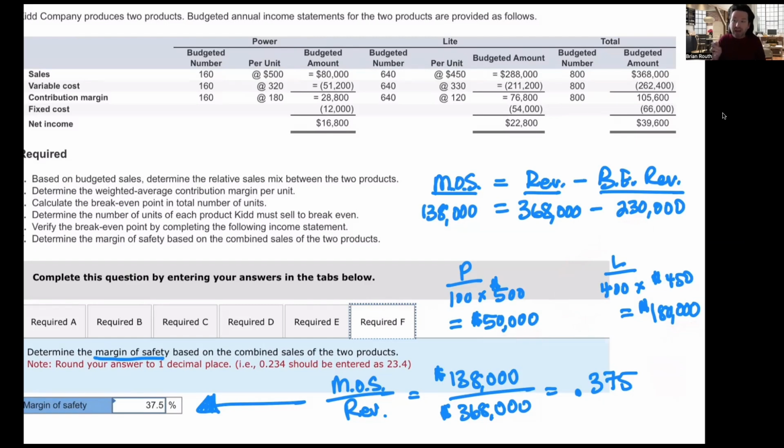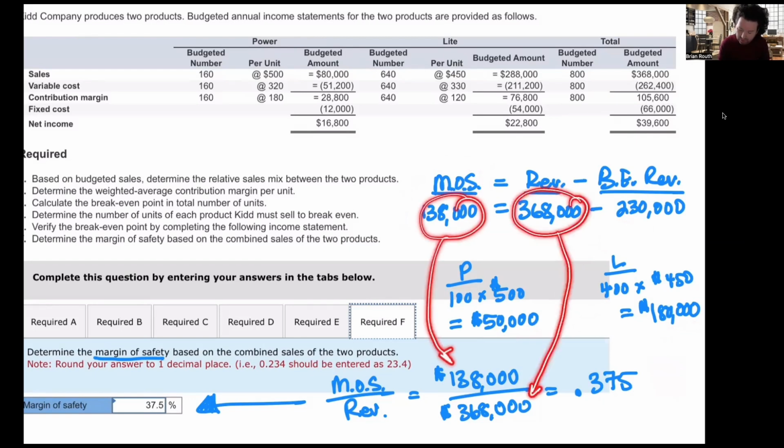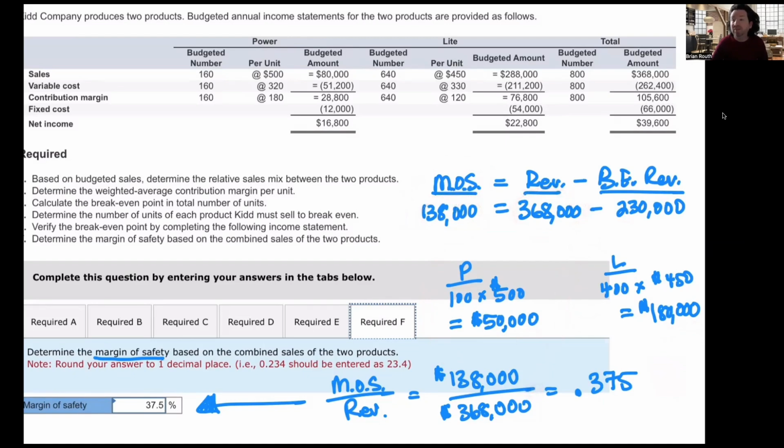When you subtract your break-even revenues from your revenues, we get a margin of safety of $138,000. Now we can find our margin of safety percentage. Margin of safety is represented as a percentage of revenues, so if we divide it by our revenues, we get 0.375, which is 37.5%.